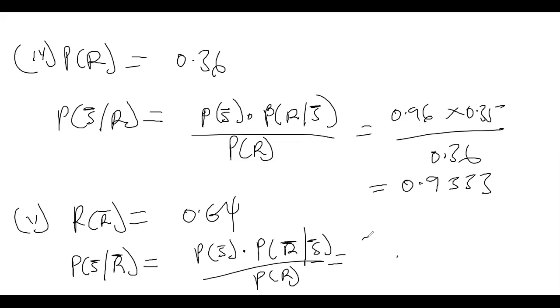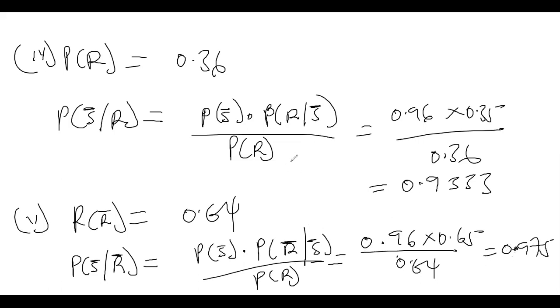So this will give us 0.96 times 0.65 over 0.64, which is 0.975. Okay. Obviously, you can also use the NOT rule to solve the IV and VIN, having gotten the answers from II and III. So for II, the opposite side is the IV. Then for III, the opposite side is the VIN here.